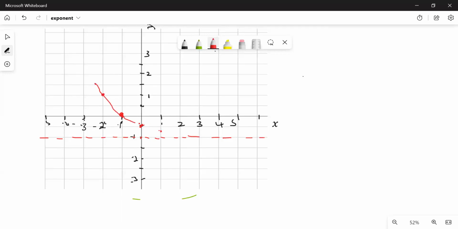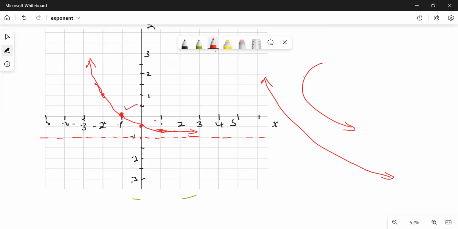And then you connect this. This is approaching the asymptote, and here it's going upwards. This is how your graph is going to look. Your graph is not curving like this, guys. This is an exponential graph.